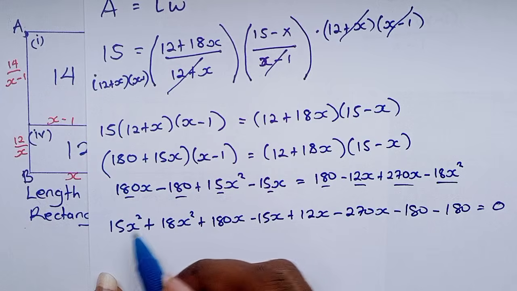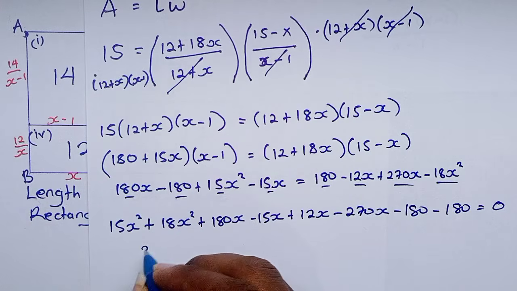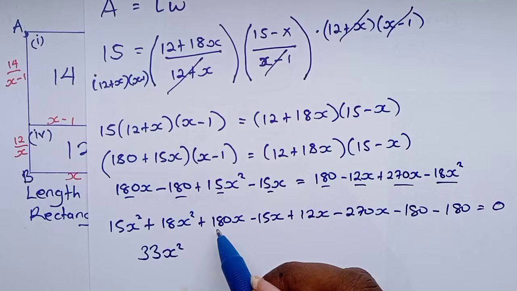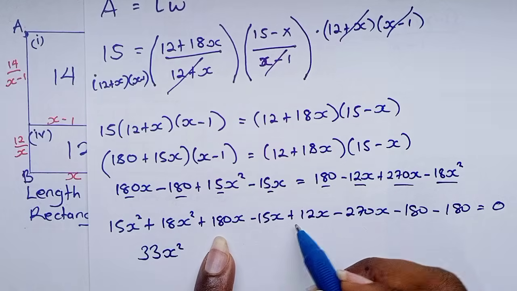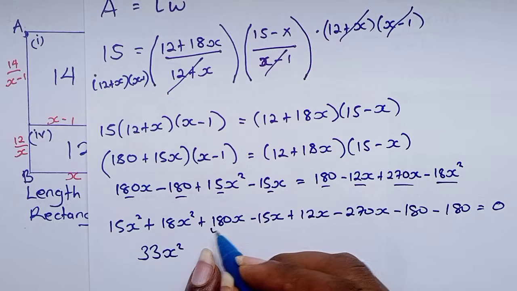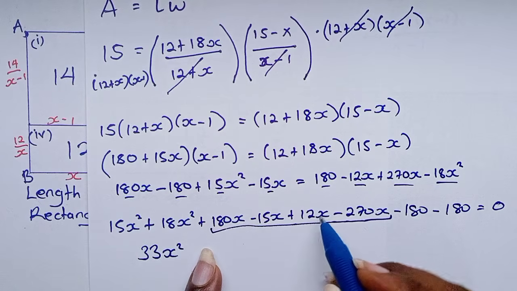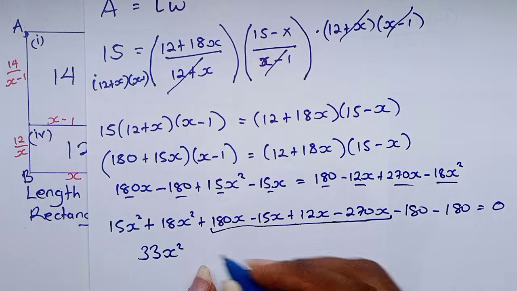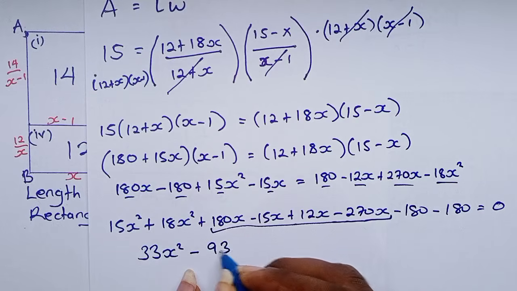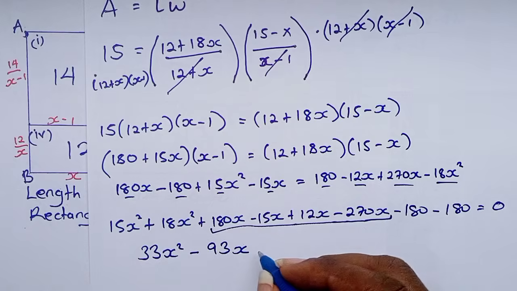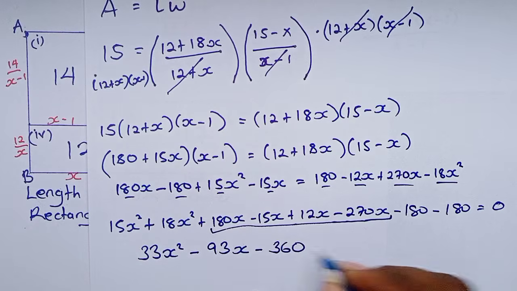So 15x squared plus 18x squared gives us 33x squared. Then 180x minus 15x plus 12x minus 270x gives us minus 93x. Then minus 180 minus 180 gives us minus 360.